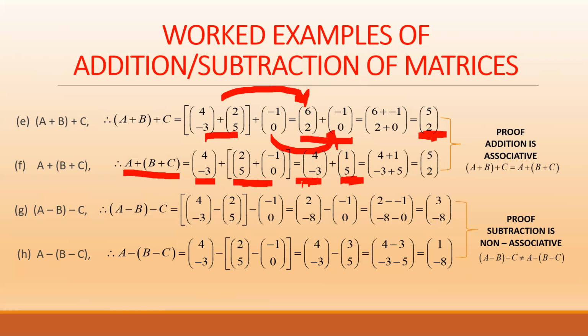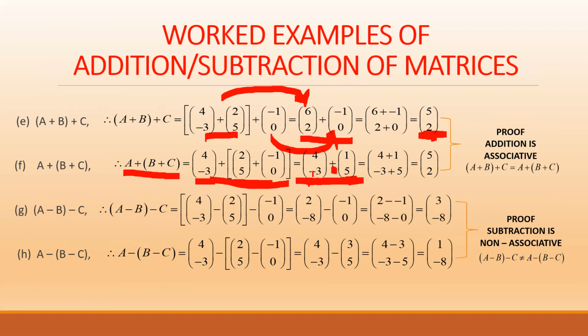So now that we have simplified this step, we now move to here. So what are we going to do here? We're going to add. That's the operation here. It says we're to add this matrix to this matrix. So if we're going to add this matrix to this matrix, it means that we're going to add corresponding elements. So it's going to be 4 plus 1, which gives us 5.